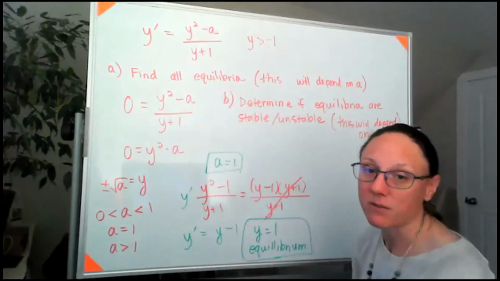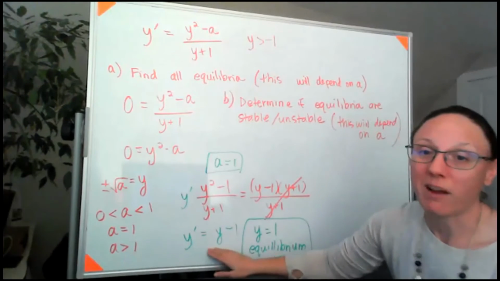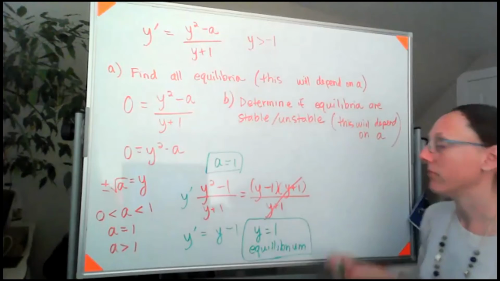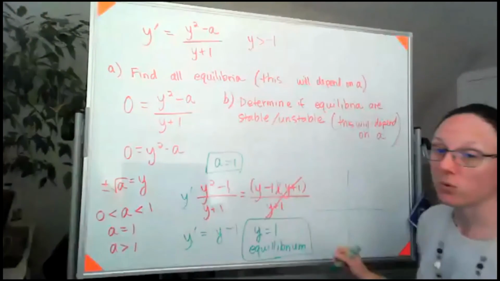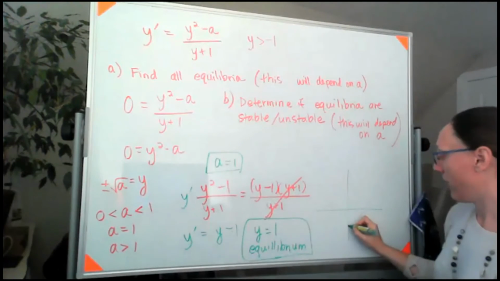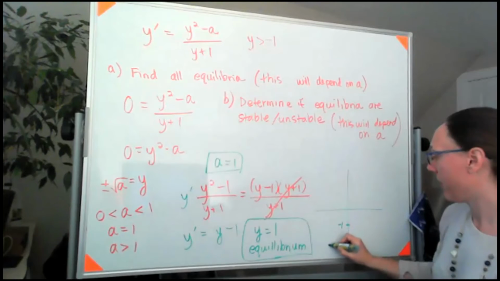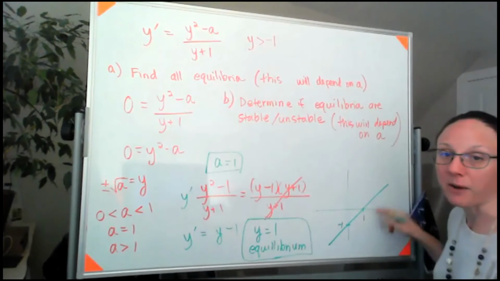And then in terms of stable or unstable, I might as well just graph this because that's the equation of a line. I know how to graph a line. So for a equals 1, this graph would look like, well, that's got an intercept of -1 and a slope of +1. And there's my one equilibrium.